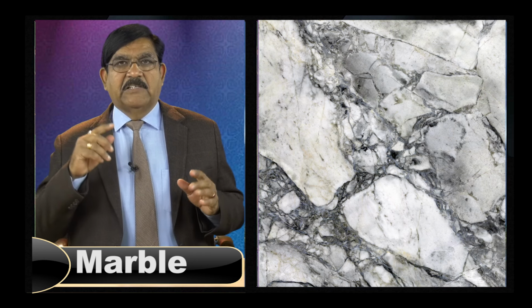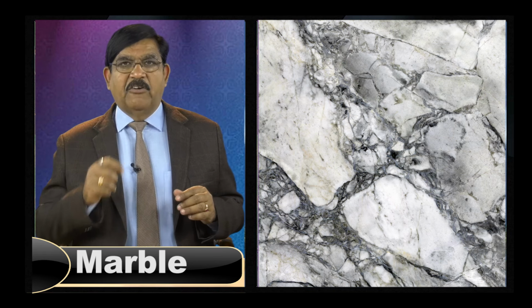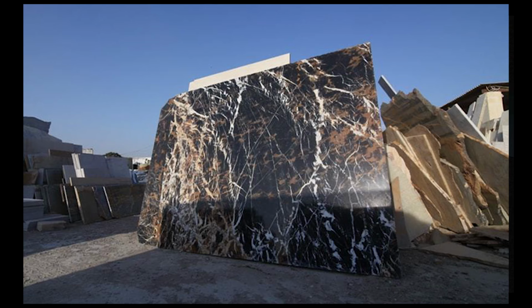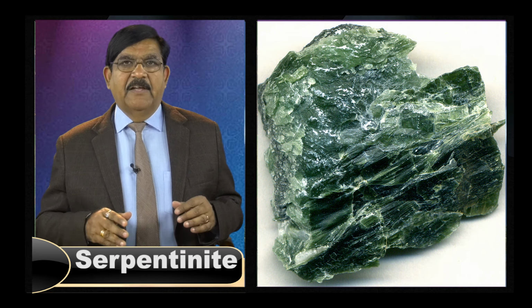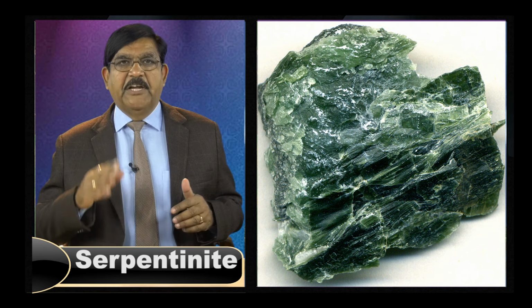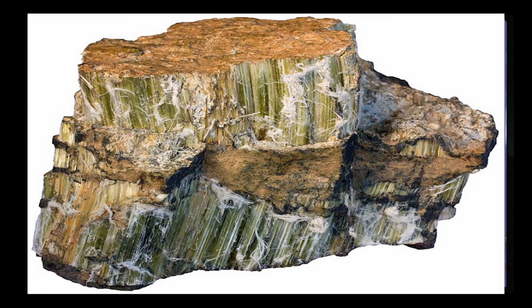Marble is a crystallized carbonate rock composed of calcite or, less commonly, of dolomite. Serpentinite is a green, black or reddish rock composed predominantly of serpentine, antigorite, chrysotile and so on. It is formed by hydration of igneous or metamorphic peridotites, olivine-rich ultramafic rocks.